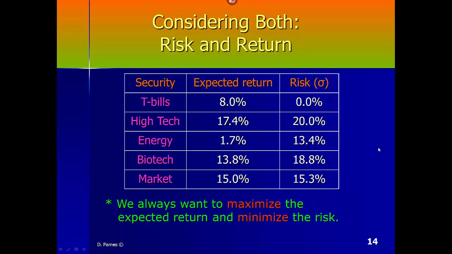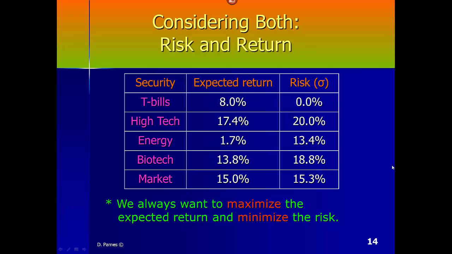Just to let you know, once again, our goal as investors, we're trying to maximize return, try to pick the stock that gives you the highest expected return. But at the same time, we as rational investors, we're trying to minimize the risk. So at the same time, try to pick something that will give you the lowest risk.